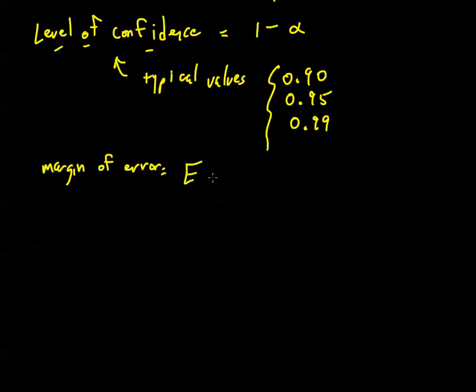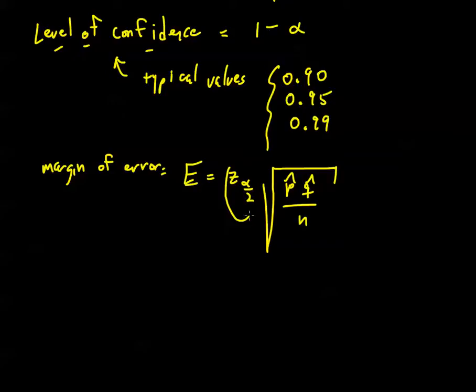Our margin of error is going to be our cap E. Now there is a formula for cap E. It's a fairly nasty looking formula. The most important thing about this margin of error is that it depends on a z-score, which depends on an alpha level.